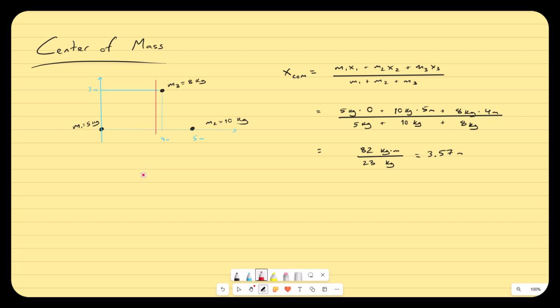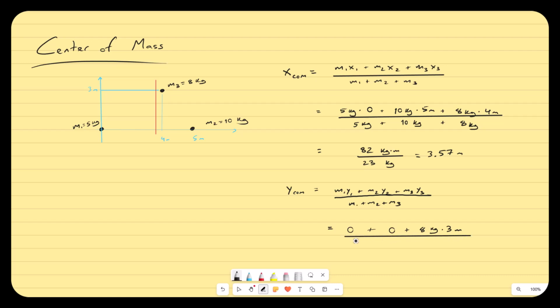Then I want to do the y-coordinate of my center of mass. The y-coordinate of my center of mass, I'm going to have m1y1, m2y2, m3y3, all over m1 plus m2 plus m3. 0 for 1, 0 for 2, and then I'm going to get 8 kilograms times 3 meters.